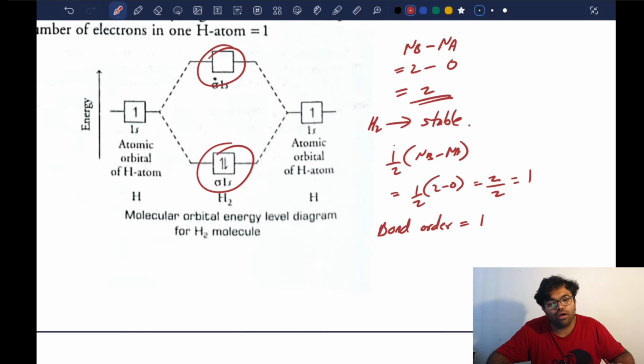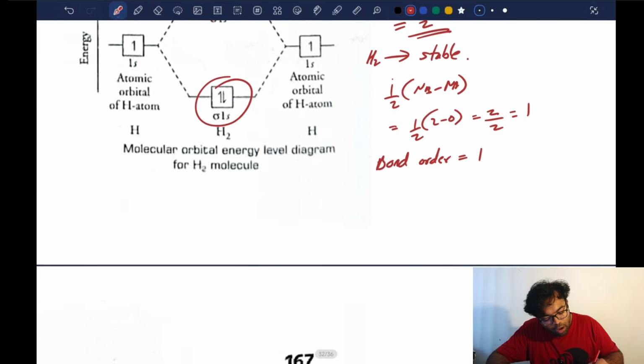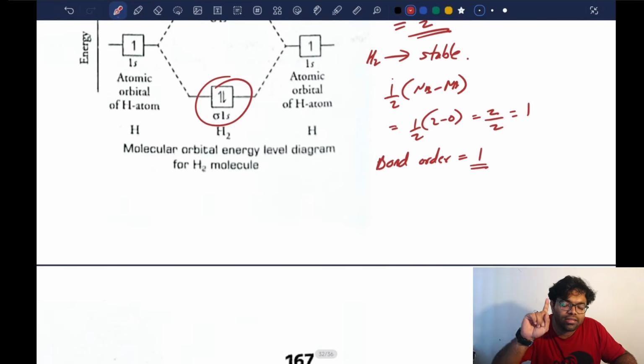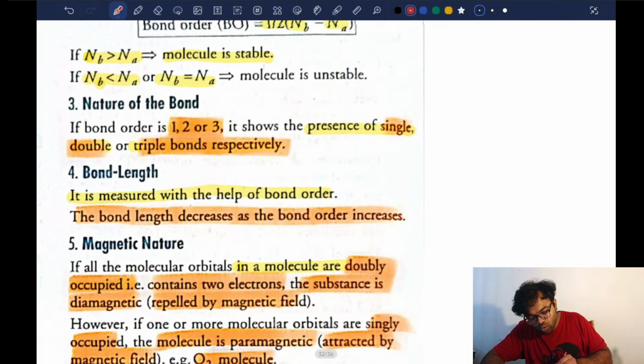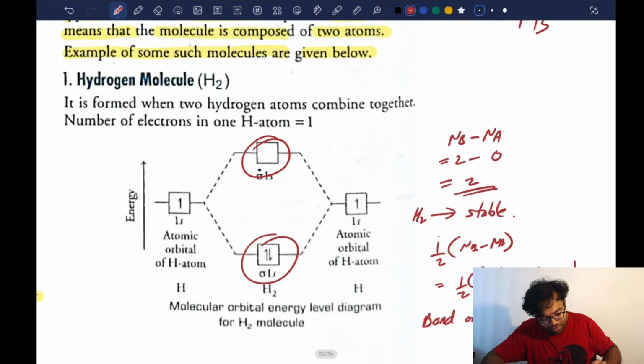Having a positive bond order means that again the molecule is stable. If the bond order was 0, then the molecule would have become unstable. Now, the bond order being 1 indicates what? There is one single bond present between the two atoms of hydrogen. So 1 indicates a single bond. Clear? Next.